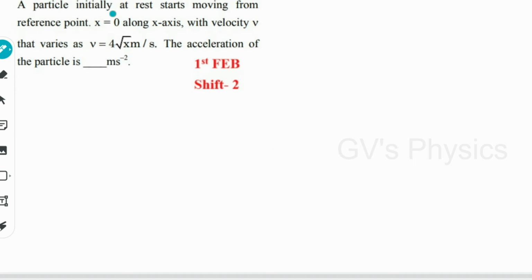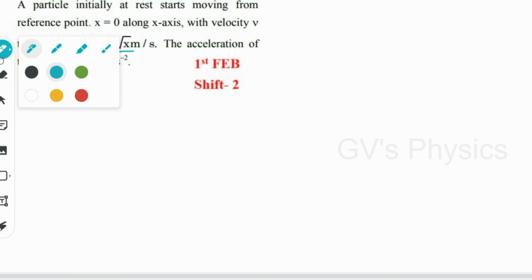Last question, a particle initially at rest starts moving from reference point x is equal to 0 along x-axis with velocity v varies. So they have given the equation for velocity. They are asking acceleration. So first we'll take the equation. V is equal to 4 x power, in the place of root I'm going to substitute as 1 by 2. And now we have to find the acceleration.